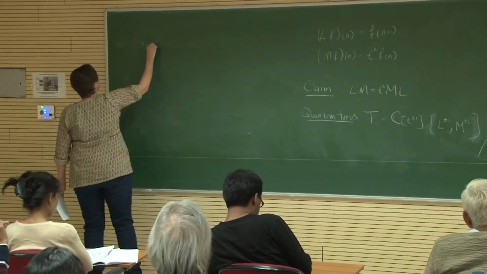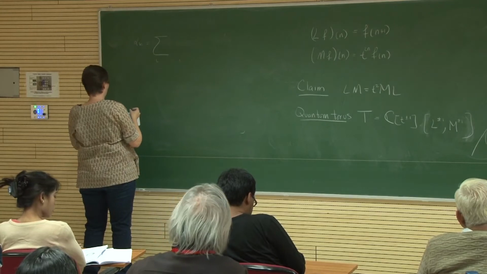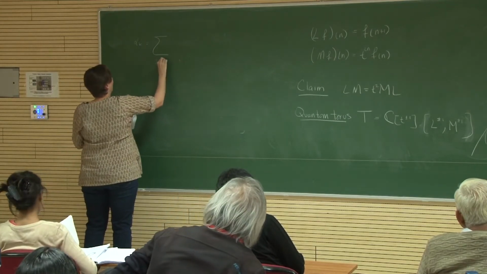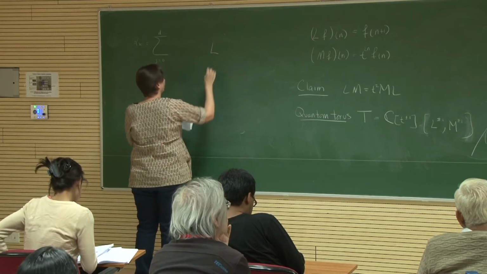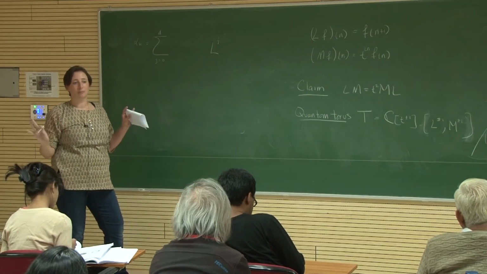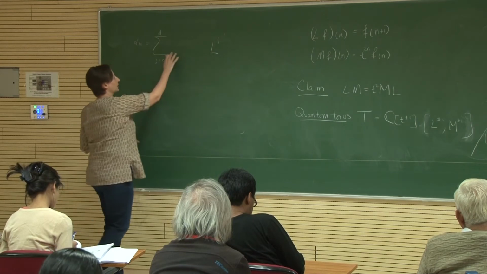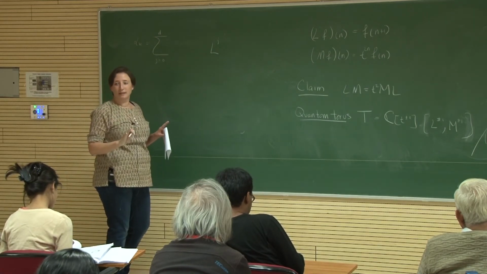Alpha k is the sum from, did I use I? J equals 0 to d of alpha kj times L to the j. Okay, I can multiply out powers of L to make them positive. And then this coefficient here, at first glance, is just written in H tilde.